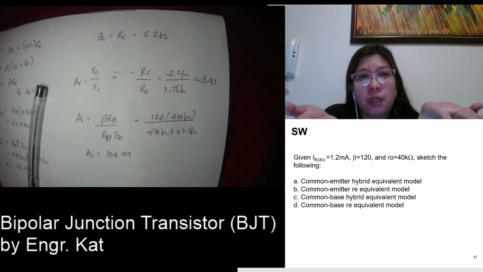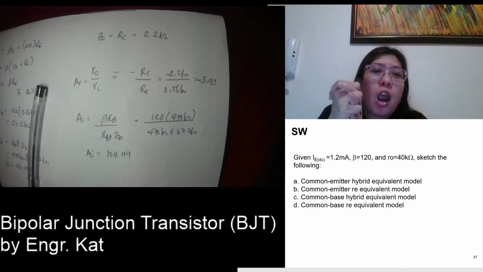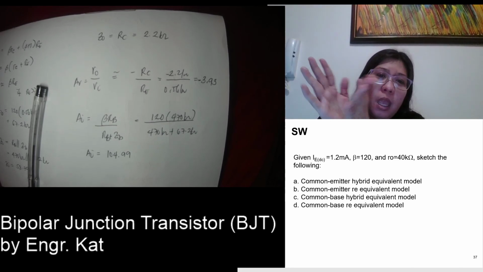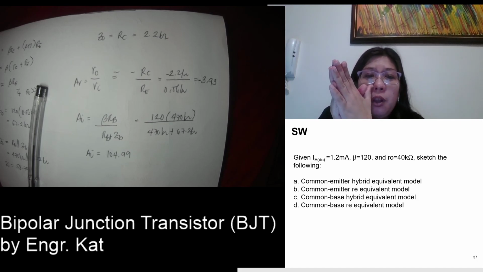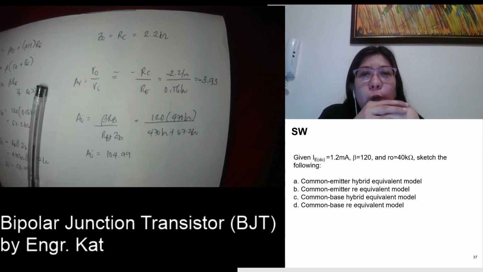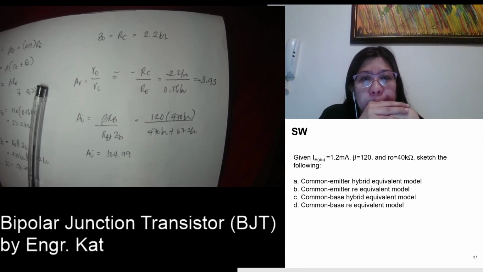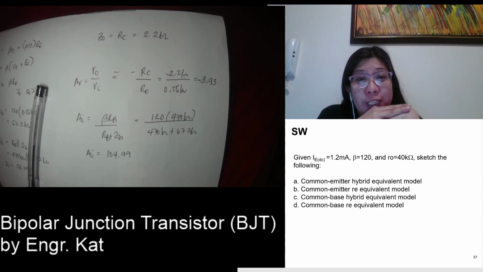So given these parameters, you are going to draw the common emitter hybrid, the common emitter re, the common base hybrid, and the common base re equivalent model. Okay, so this is very simple. I know you can draw these four different equivalent models.